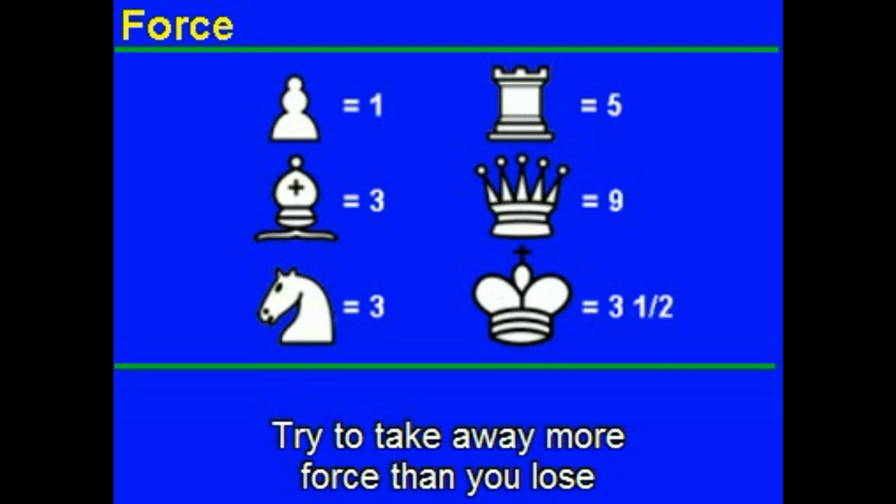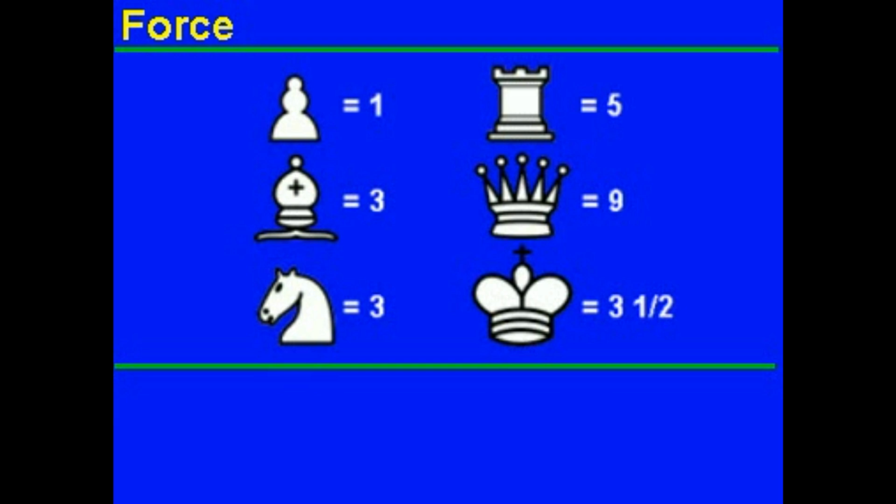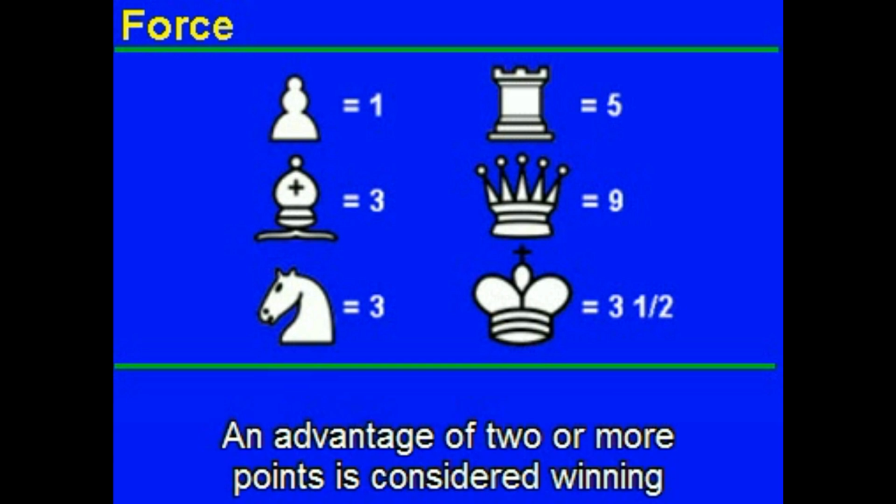Giving up a 1-point pawn to get a 3-point bishop is a good exchange. Any exchange that takes more force than you lose is good. Losing more force than you gain is referred to as going down the exchange. It should also be noted that a force advantage of 2 or more points is considered winning.